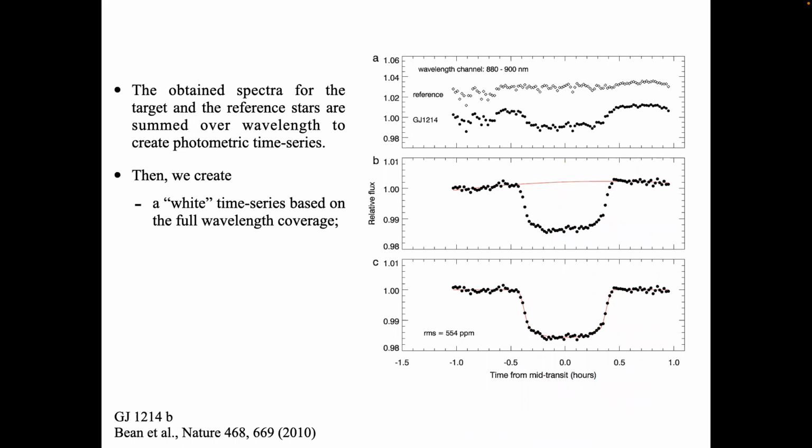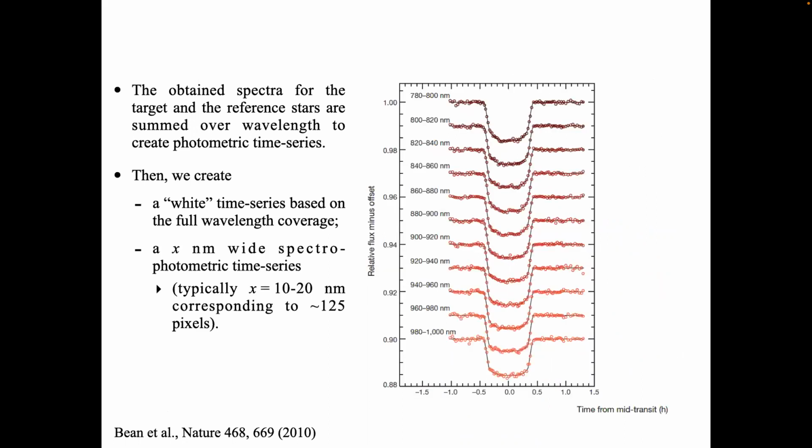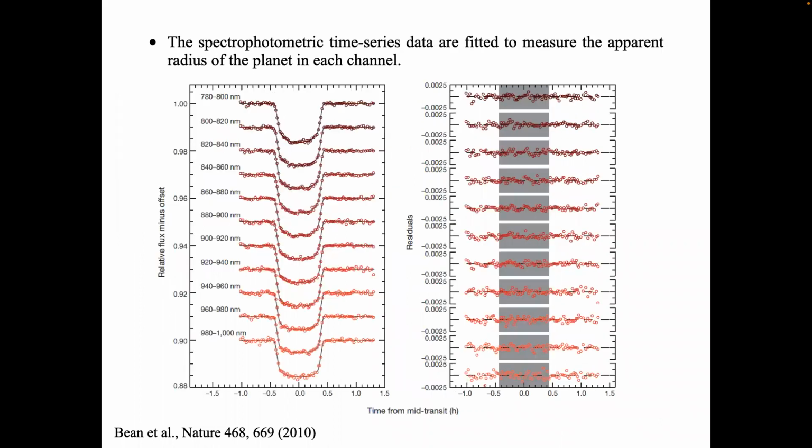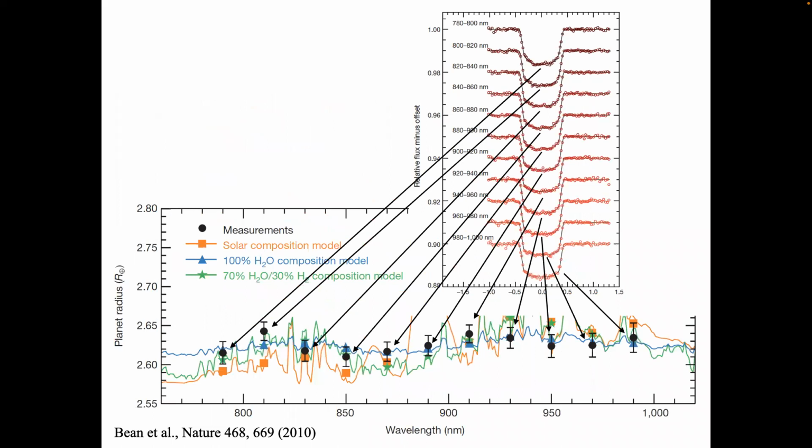You can obtain what we call the white light curve, or you can divide your spectrum in bins, and then sum the flux in each bin, and obtain a spectrophotometric time series for each bin. Then you fit each light curve, and you can measure the transit depth for each one, and then you can measure how the radius of the planet changes as a function of wavelength.